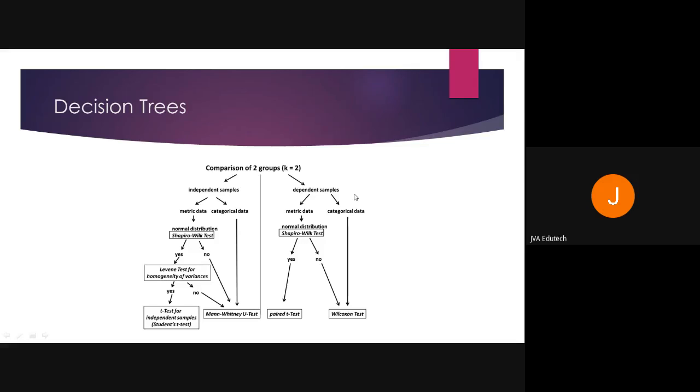Independent variable or IDV, we denote it as capital I, then small d and V, is the variable that creates the effect.